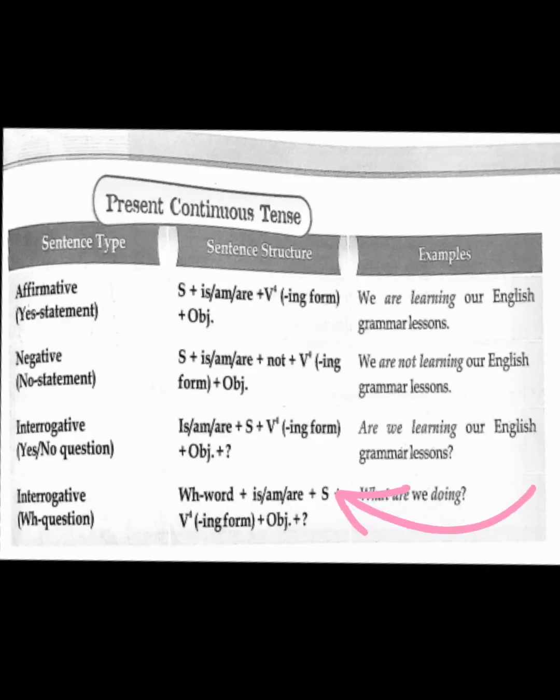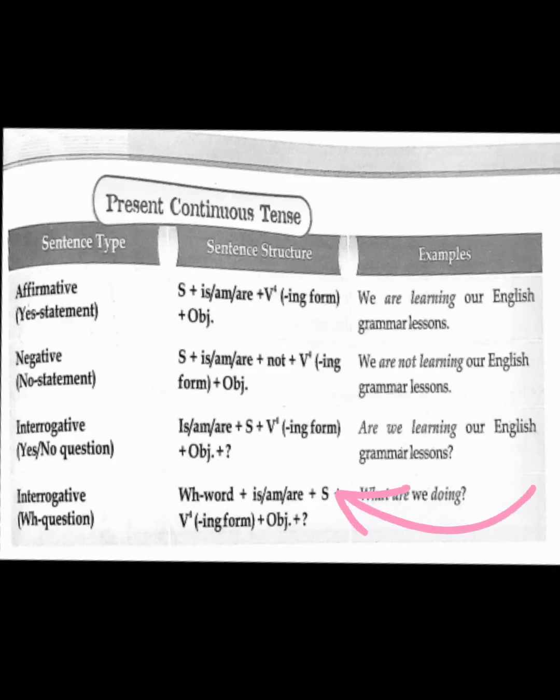What are we doing? Question mark. So, can you see what the case will be when we have a WH word and when we have our helping verb? So students, structures are very important. Make sure that you understand the rule properly in order to transform your sentences into different tenses.